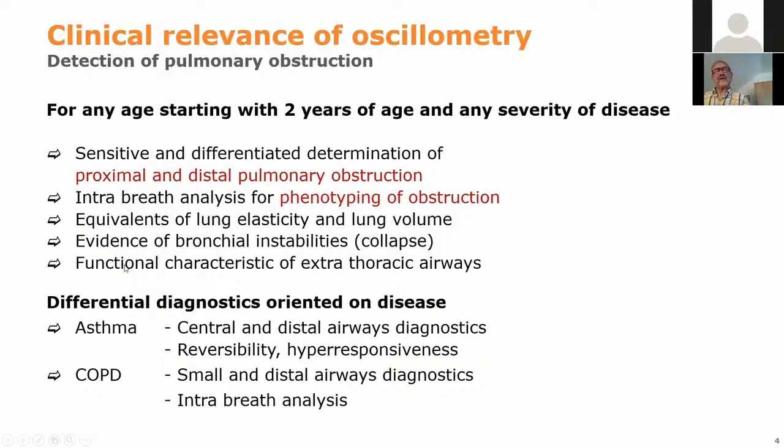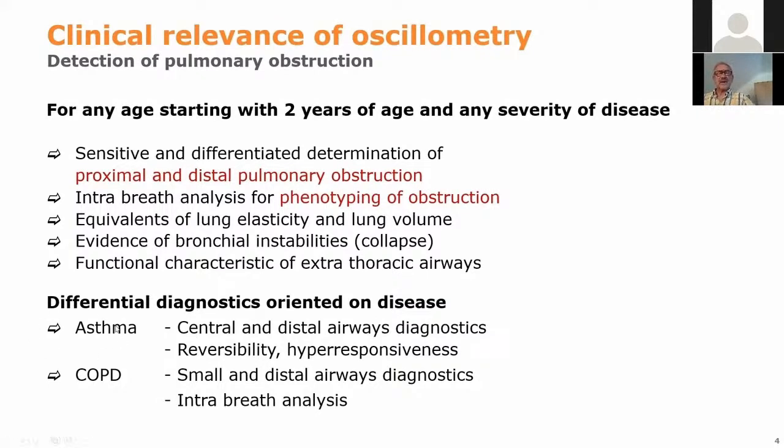And you have information about the functional characteristics of the extrathoracic airways. This is important if, for example, patients have problems in the upper airways, larynx, for example. So it allows differential diagnostics because it has specific information.